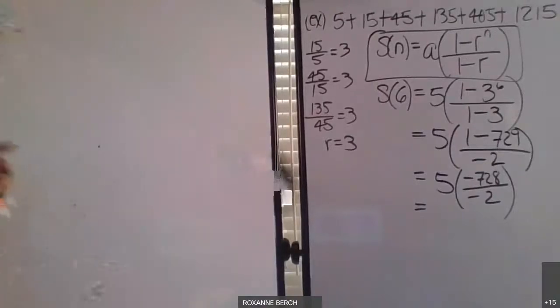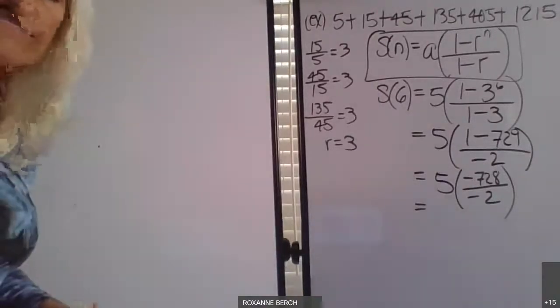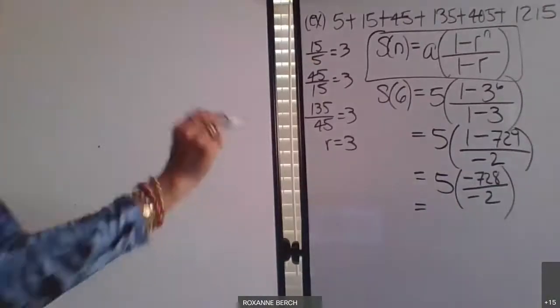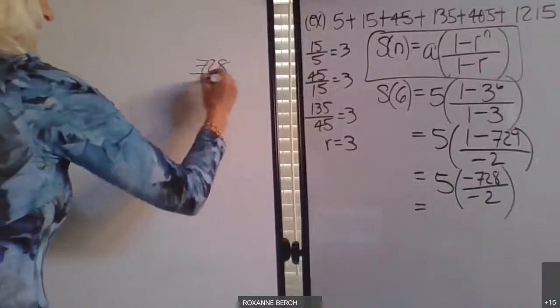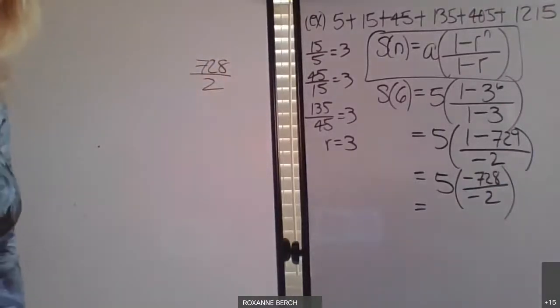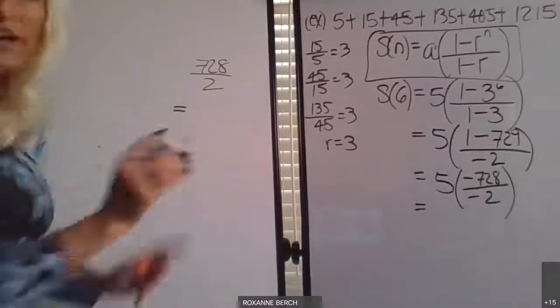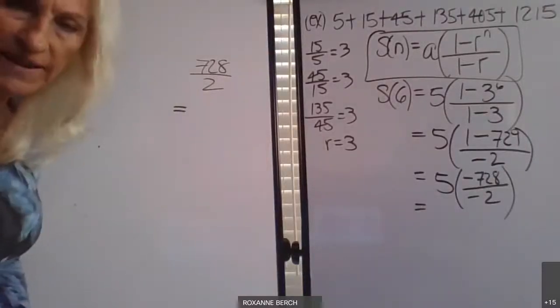I'll show you how to do this, because last period I spent a lot of time doing this. People didn't know how to multiply, so watch. This is 728 divided by 2. So this is how you want to do it. You want to multiply.